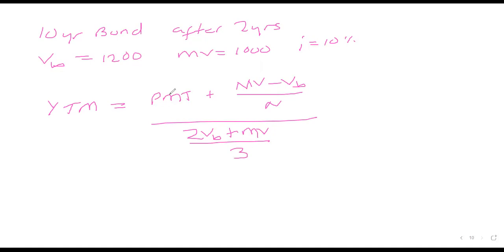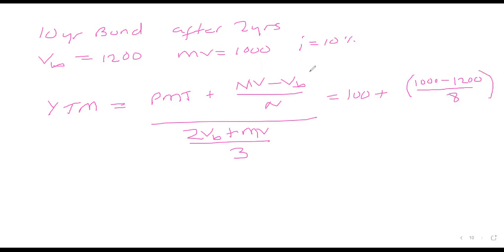So the coupon payment here is 10% of the maturity value, which is 100. Then the maturity value here, 1,000 minus 1,200. The maturity period is 8.